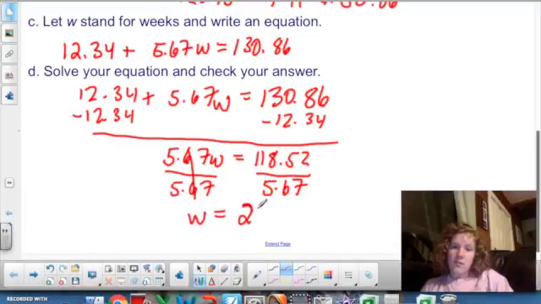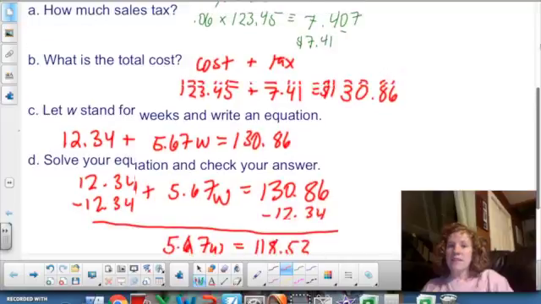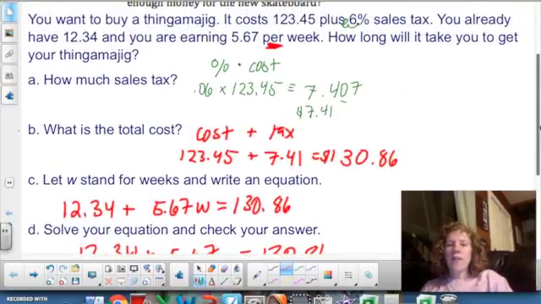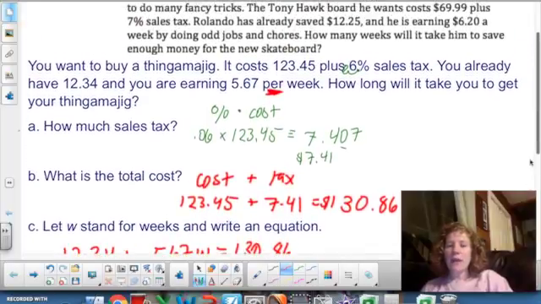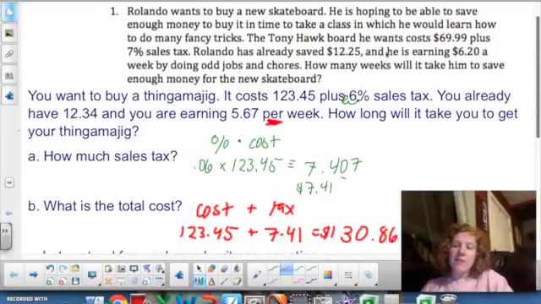Ugh. So here's what you've got to think. Up here, when we were working with our money, we rounded to the nearest penny because that's what made sense for the problem. Down here, though, you've got to think about what that W is standing for. That W is standing for how many weeks it's going to take you to save up.